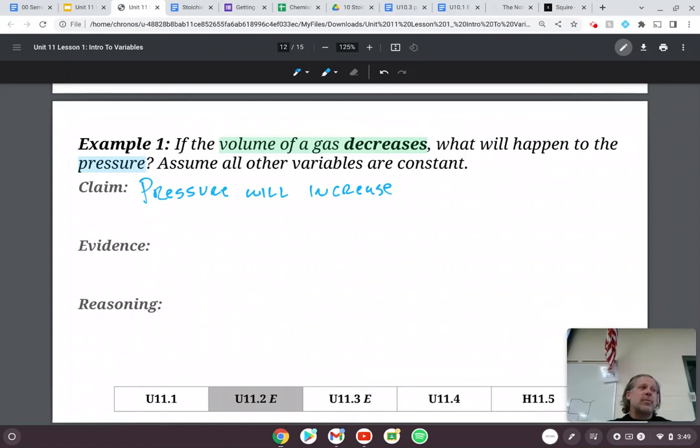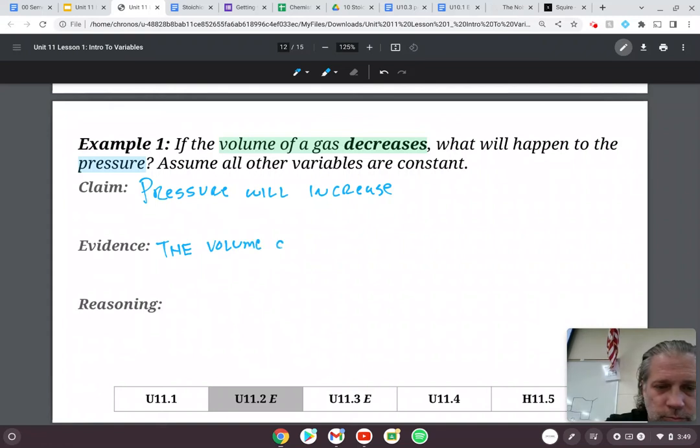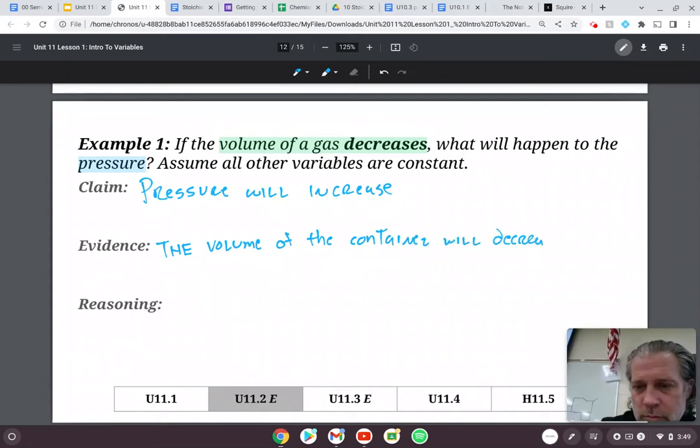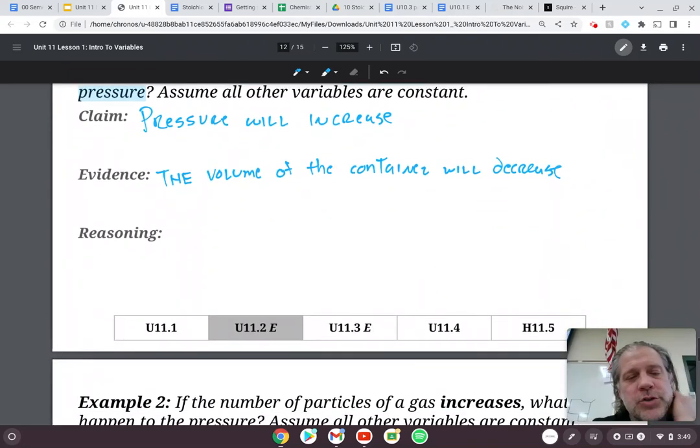Now, we have to remember that the definition of pressure is the number of collisions with the side of the container that the particles have. The evidence for this would be that the volume of the container is going to decrease. Let me just draw a real quick picture here.